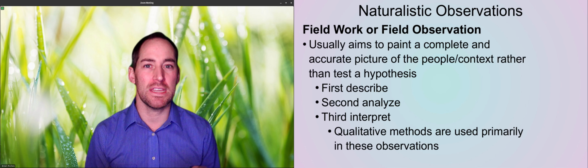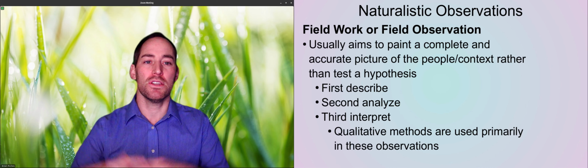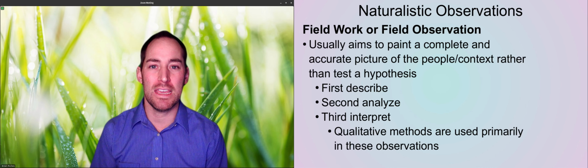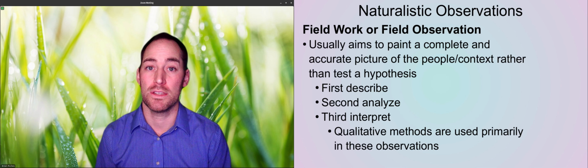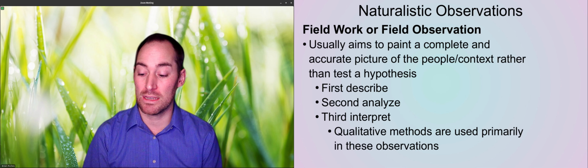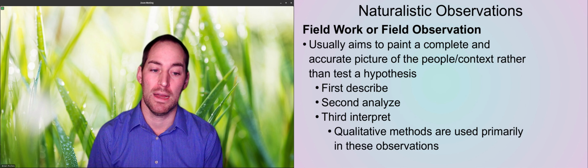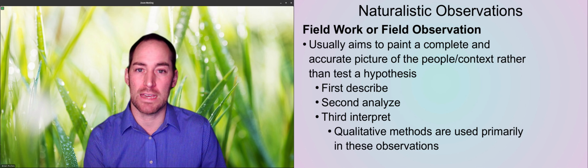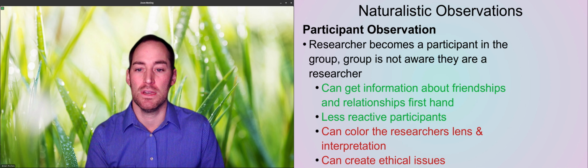So you're not really testing a hypothesis here. You're just describing a lot of things. You're analyzing them, trying to find themes, then interpreting them. So these are the most common themes. These are the most important things to the people in this group. With this, qualitative methods are primarily used for these kinds of naturalistic observations.